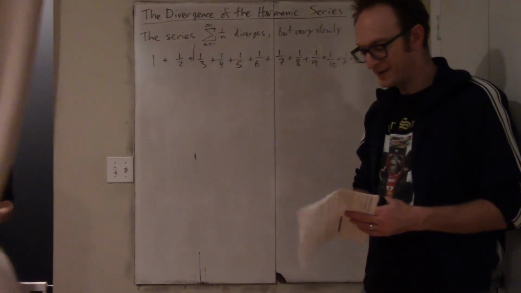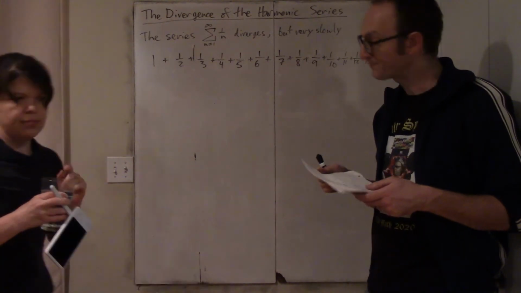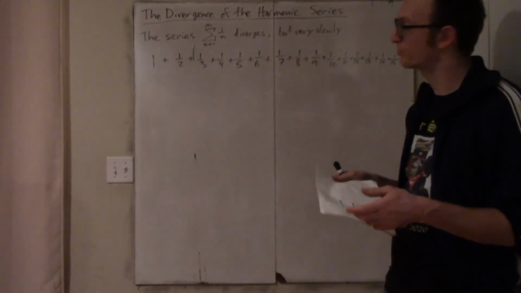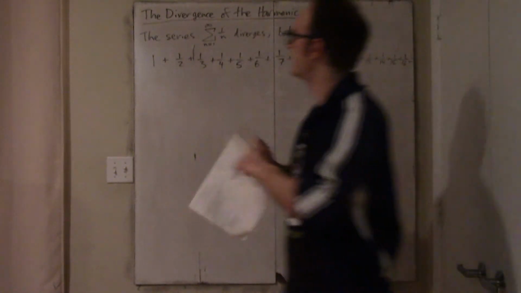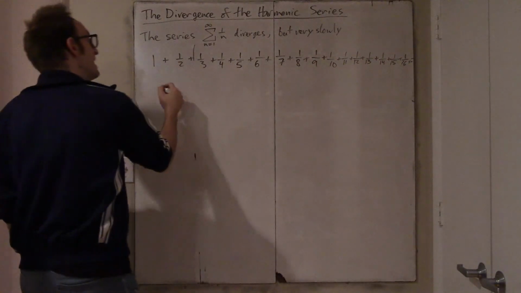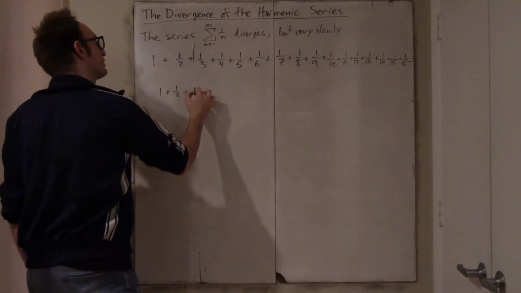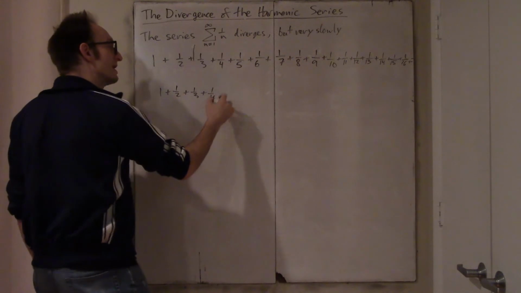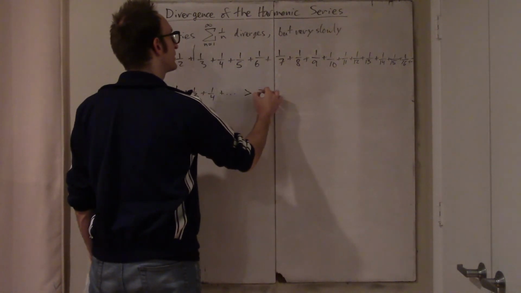And the problem from the packet said to write this program, to sort of brute force it and to ask, how many terms do I need? 1 plus a half plus a third plus a fourth plus etc. How far out do I have to go in order for that to be bigger than 3?